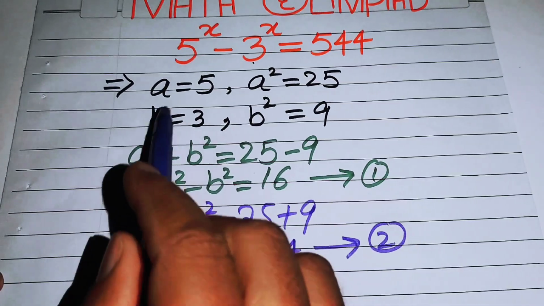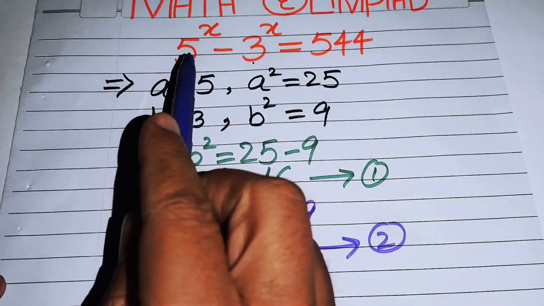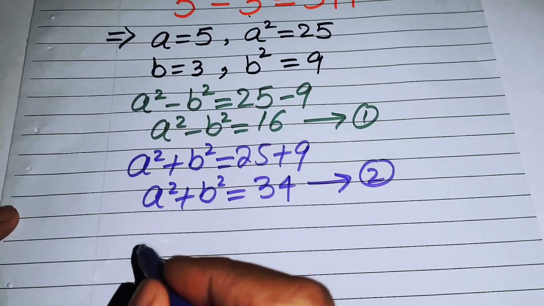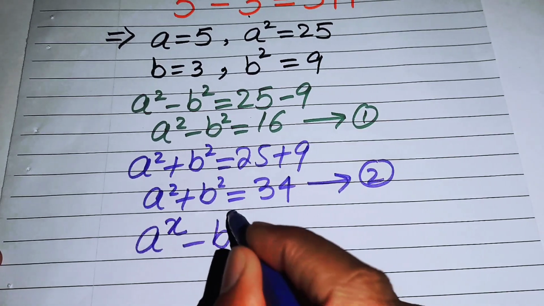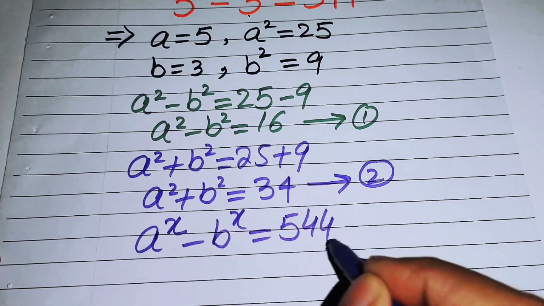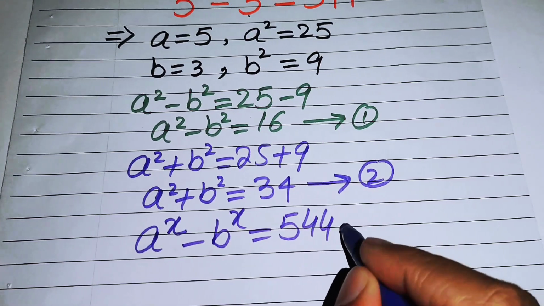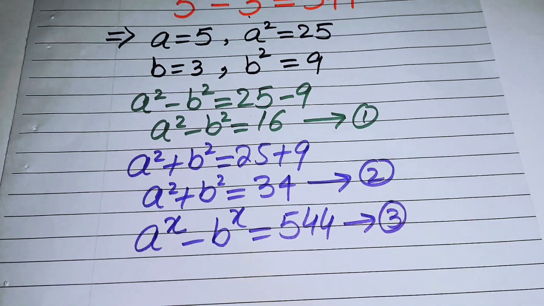Now when we put the values of a and b in the given equation, we get a to the power of x minus b to the power of x equals 544, and we call this equation number 3.